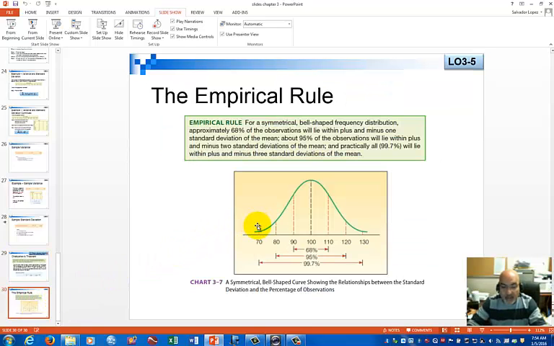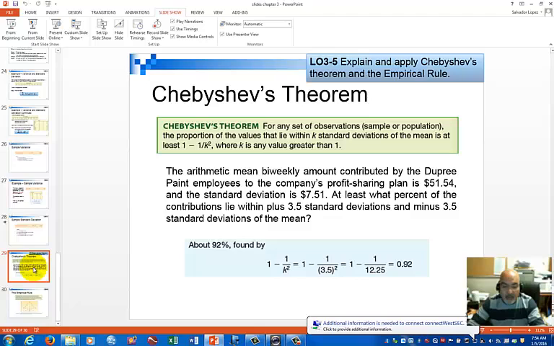If the shape of the distribution of the data set is normal or bell shaped, then we can use the empirical rule, whereas the Chebychev theorem applies to any kind of shape. Notice that it says here, for any set of observations.